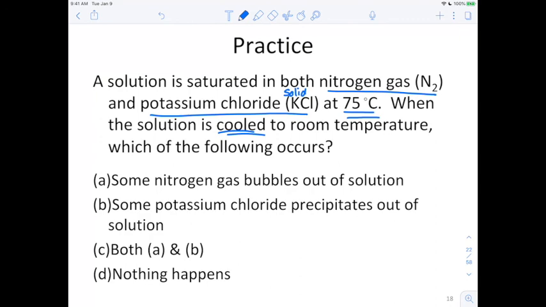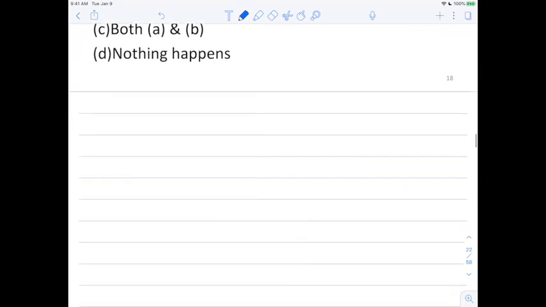All right, so let's go ahead and give this a shot. Before we solve the problem, let's talk about what's going on when the solution is cooled. I am going to decrease the temperature, and I want you to think about what's going to happen to a solid and what's going to happen to a gas. When we decrease the temperature, what happens to the solubility of a solid?